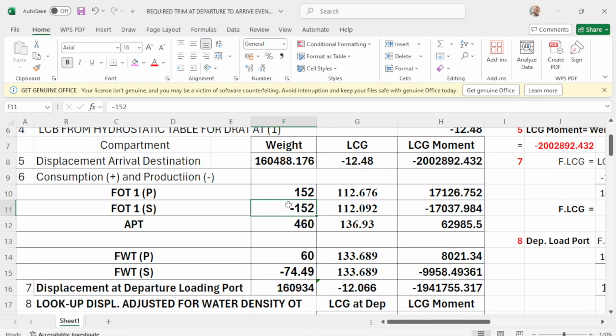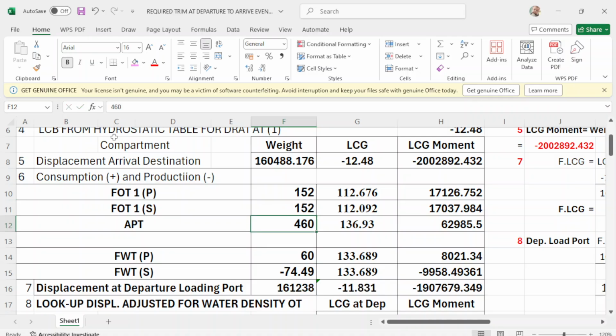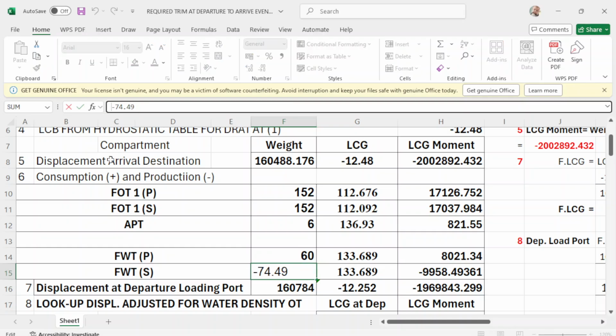Okay, this will be positive because you are consuming fuel, and we put here 6 tons remaining, and your consumption of fresh water will be 74.